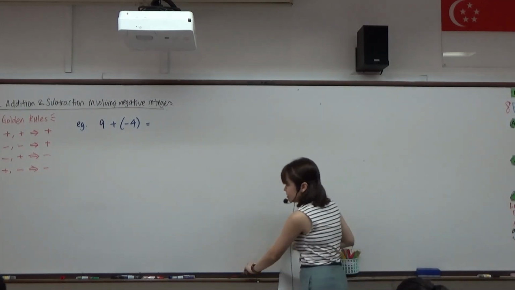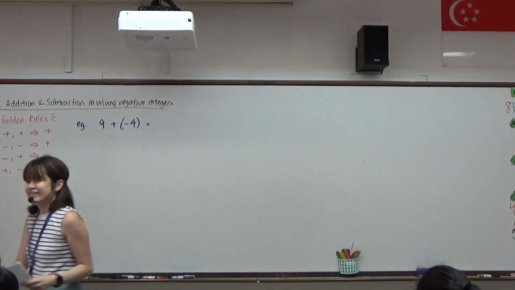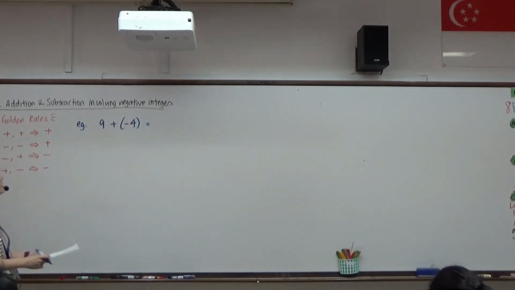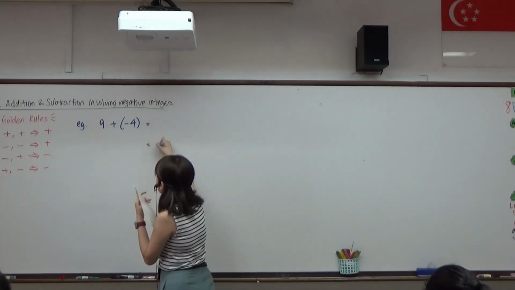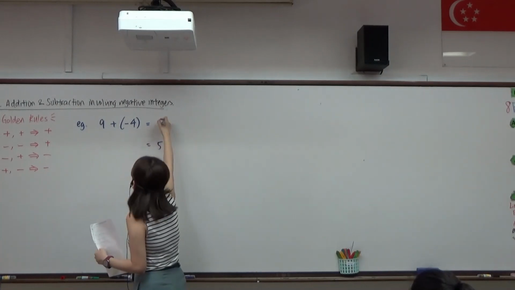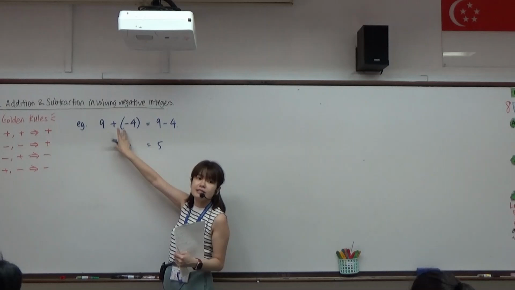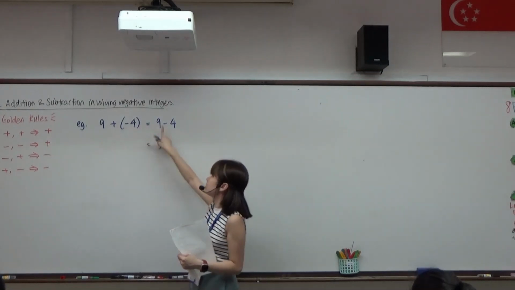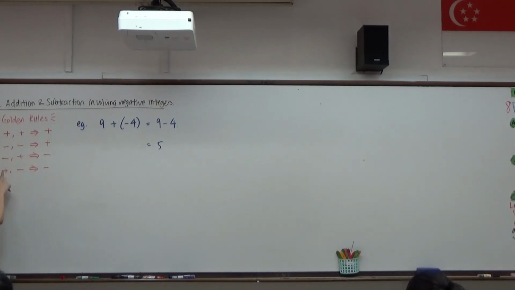Kaylee, yes. 5. Can you tell me the working behind getting 5? How do you simplify this? 9 minus 4. Thank you very much, Kaylee. So we learned that if the operations are side by side like that, we simplify it into the minus, following our golden rules. Plus minus become minus.